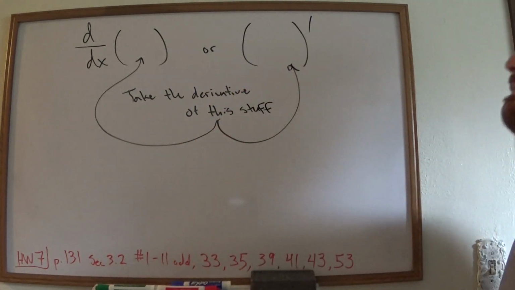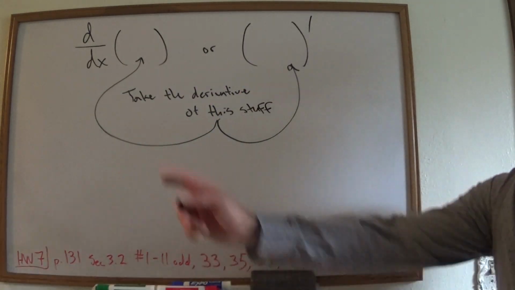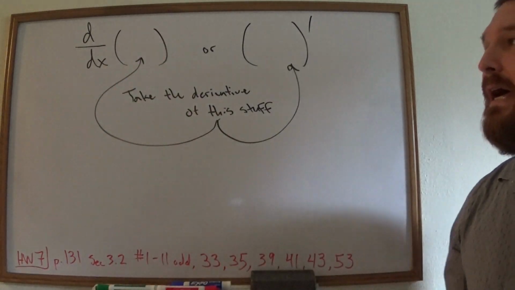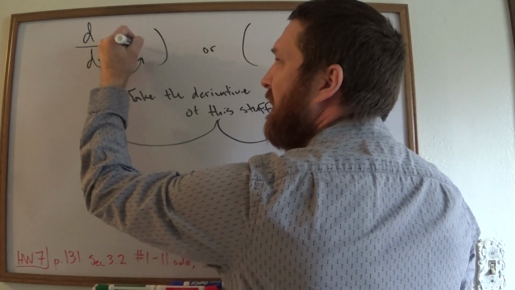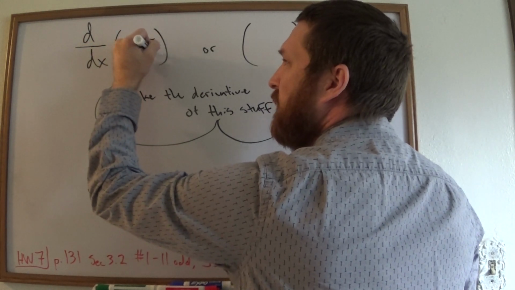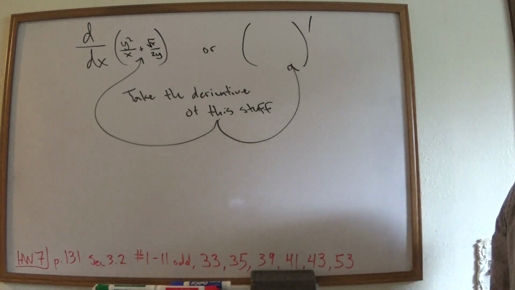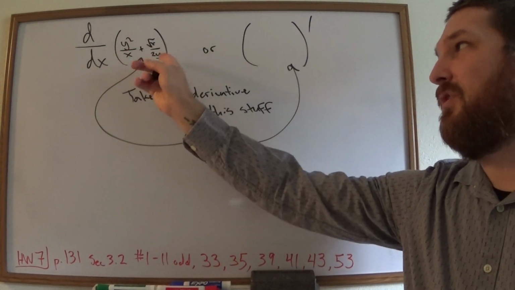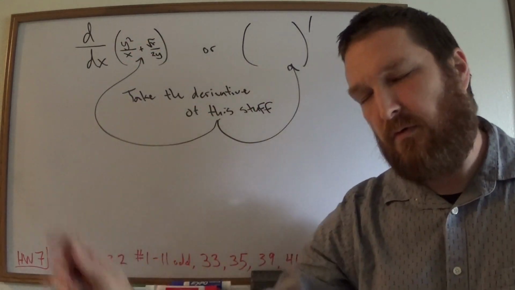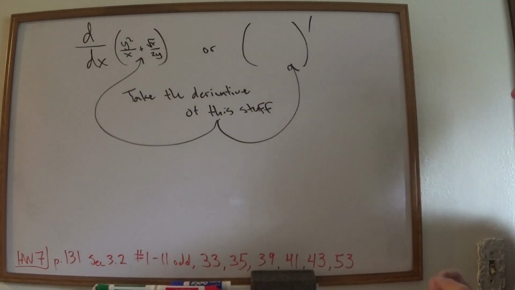Whatever's in there, it means take the derivative of it. This is nice because what if your function had a bunch of variables in it? What if you had y squared over x plus root x over 2y? Well, what's my variable here? Well, x is. And so everything else you could pretend is constant. Don't worry, we'll get there. We'll totally get there.